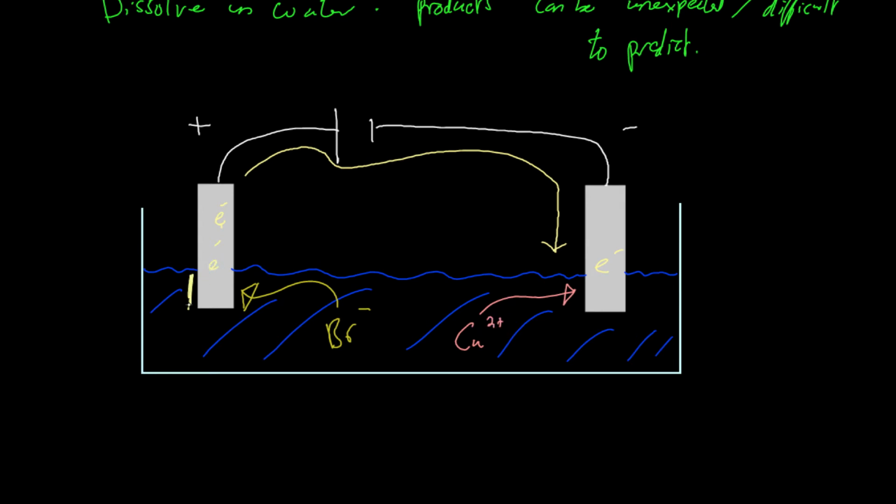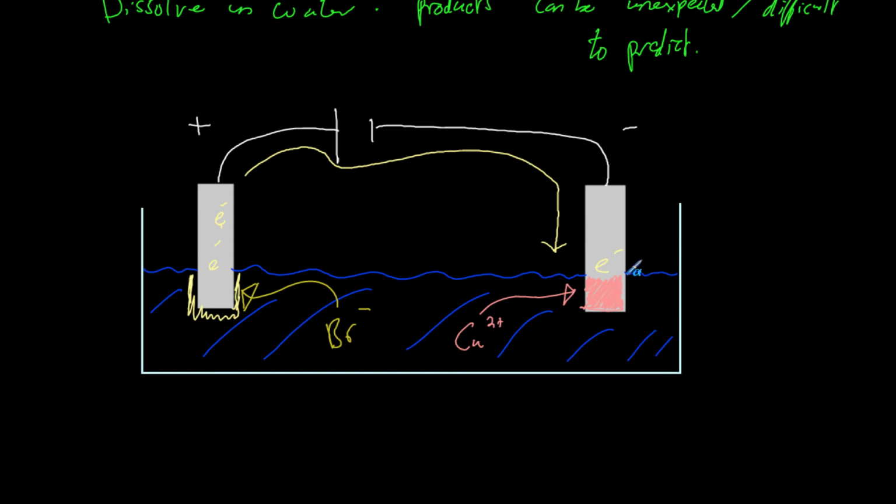And so here we're going to produce bromine. But remember, the bromine here is in solution. It's not gaseous bromine. We've got bromine just forming in solution. And on the negative electrode, sorry, that's on the positive electrode. On the negative electrode, we are going to get copper metal. And the copper metal is a solid, and it will just be formed on the surface of your electrode, like so.